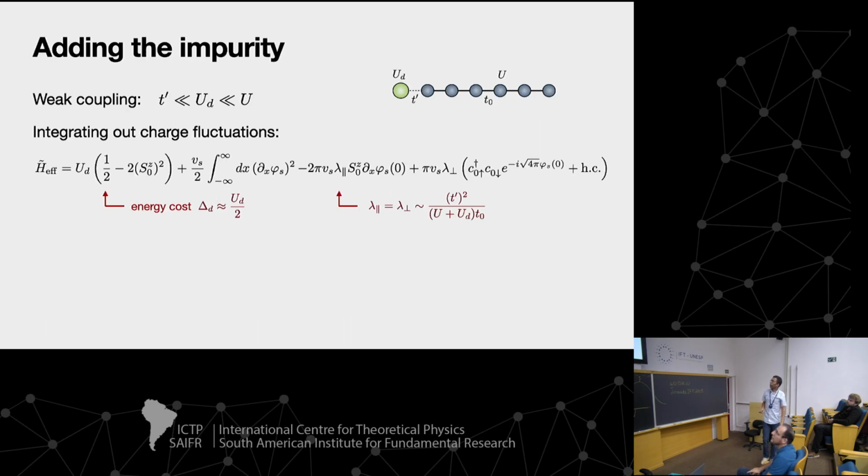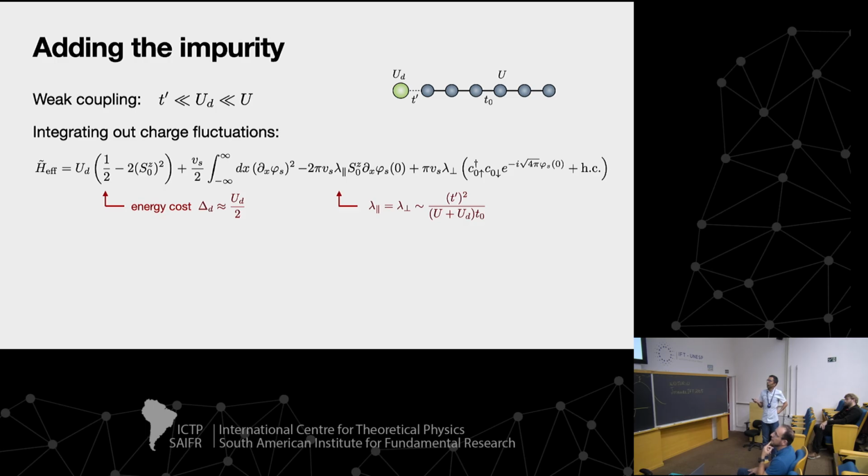Now we can bring back our magnetic impurity. We can start again at weak coupling, in this regime here. So I will actually consider U_d much smaller than U, which is convenient for approximations. If you integrate out charge fluctuations, from second-order perturbation theory in this hybridization t', you get this kind of Hamiltonian where you still have the gapless spin modes in the bulk.